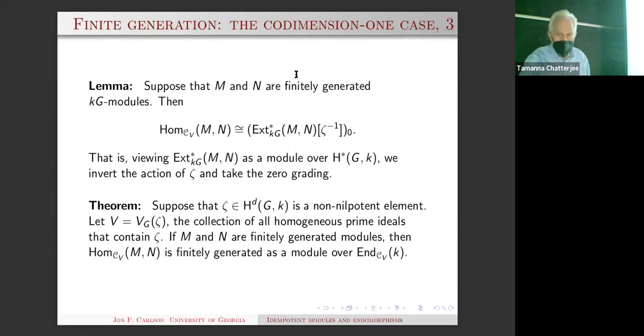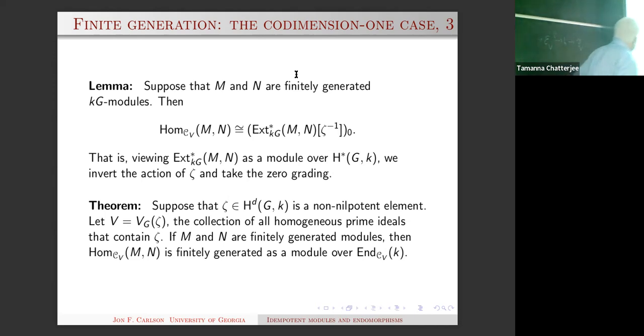Let's see. Okay. So what you get out of this is that if I do this kind of calculation, and I want to know whether or not HOM MN is finitely generated over the endomorphism of the trivial module, this is in the localized category, then it is in this particular case.